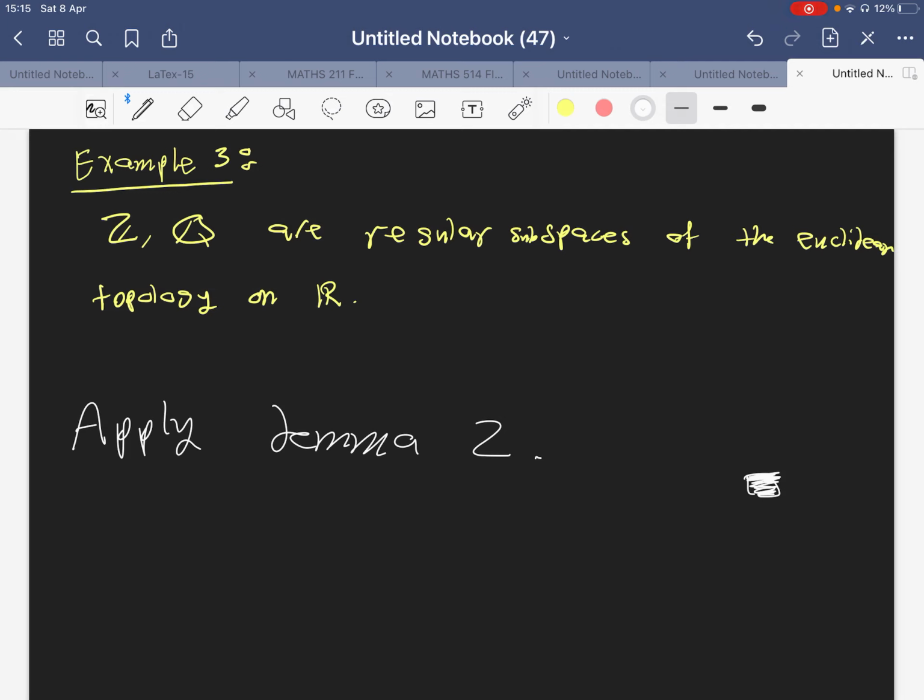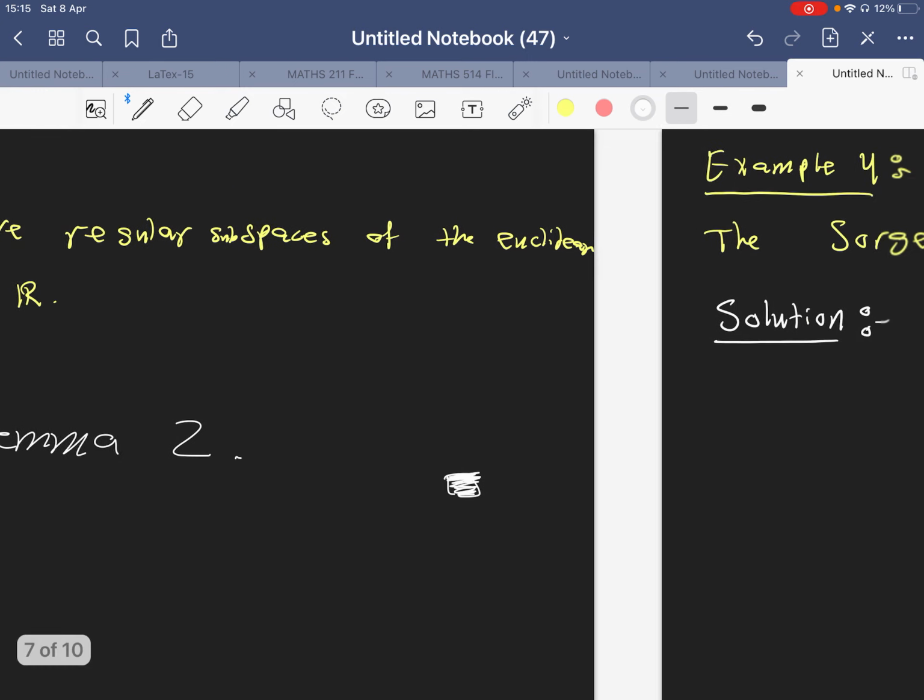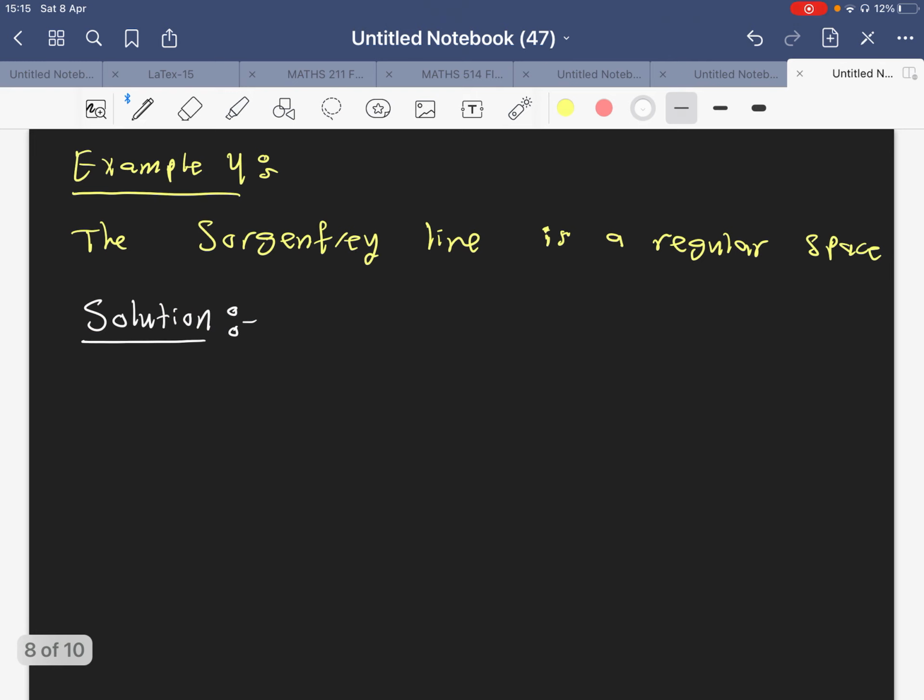What we'll do next is another example that we already saw before. And this is example number 4, the Sorgenfrey line. So first of all, let me just remind you of the Sorgenfrey line. What is the topology on the Sorgenfrey line on the real numbers?